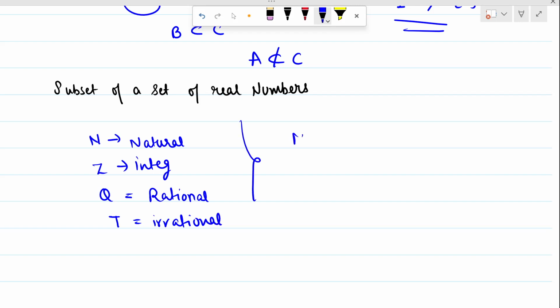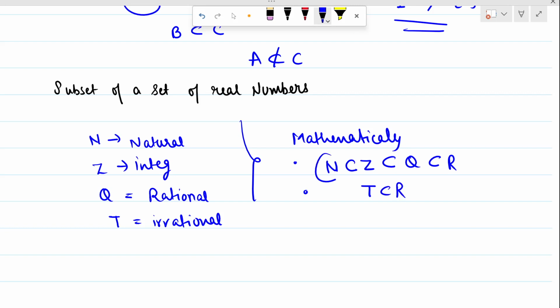So mathematically N is a subset of Z, is a subset of Q, is a subset of R, and T is a subset of R. So N is the smallest set and R is the largest set.